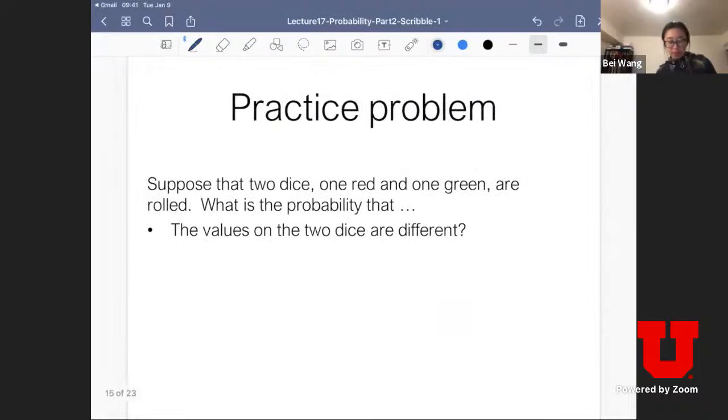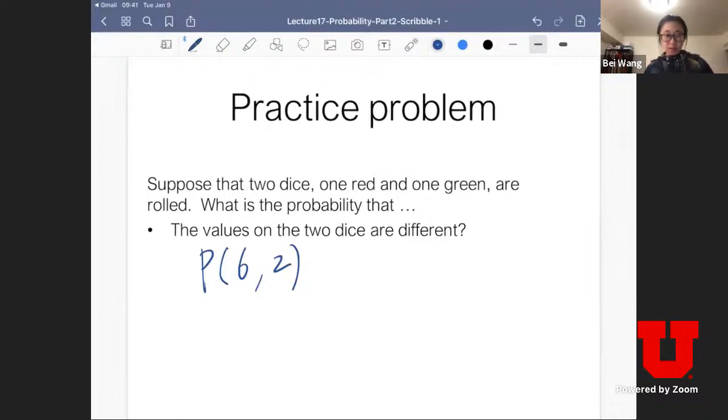Next one, what is the probability that the values on 2 dice are different? Okay. In this case, since I have a red die and a green die, the order does matter. So we're actually using the permutation formula. In this case, I want them to have different values. So I have 6 possible values. I choose 2 of them. I assign those values to the red and green die, respectively. And the order does matter.